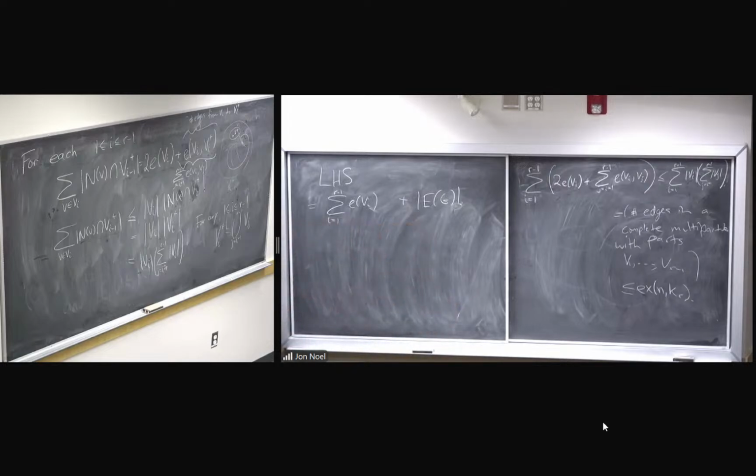That's true, because every edge of G either goes between two parts, Vi and Vj, or it's inside of some Vi.